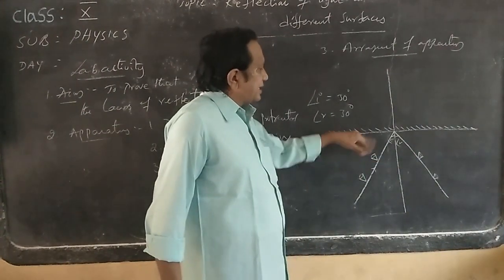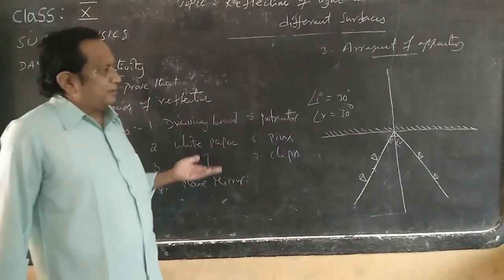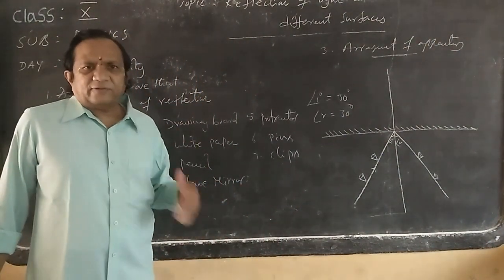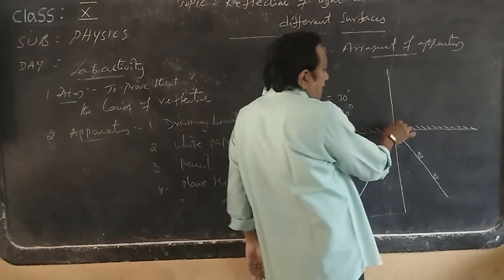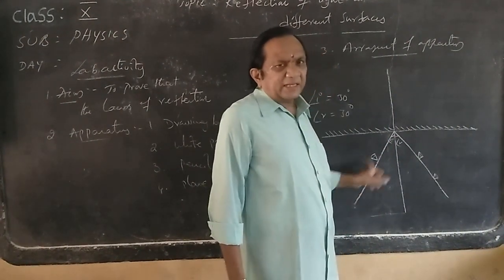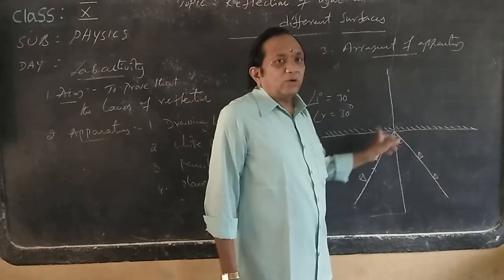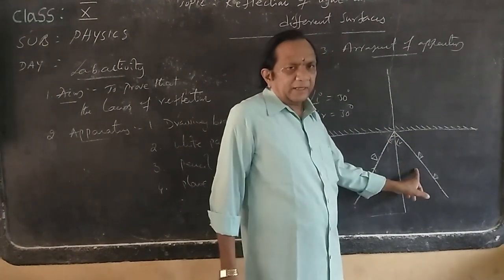By changing these angles, 30, 35, 40, 45, 50, 55, like that. So what to do? In the mirror, these images appear. By looking at the mirror, you have to keep the points. Remember, understand?